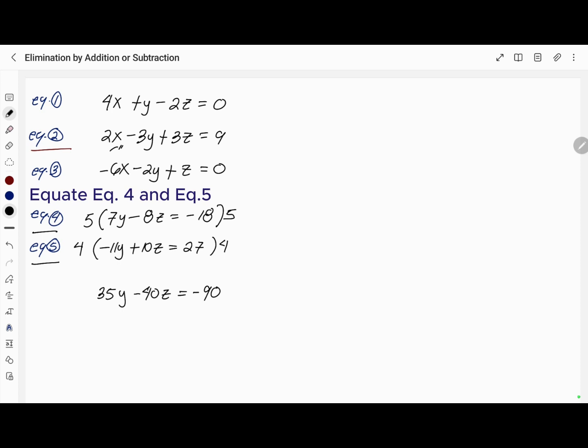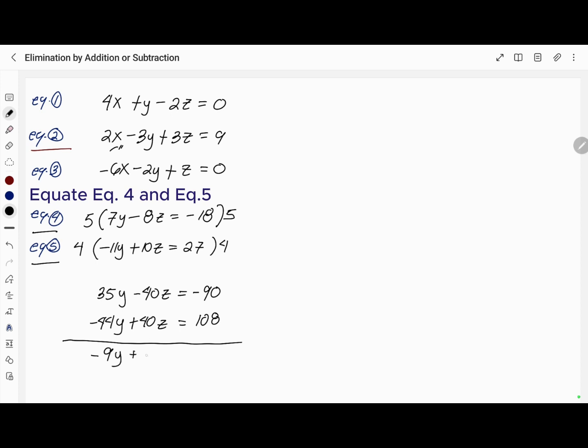For equation 5, 4 times negative 11, we have negative 44y. 4 times 10, 40z. Then 27 times 4, 108. So let's add the two equations. 35y minus 44y, that is negative 9y.